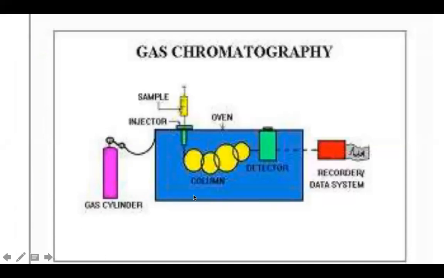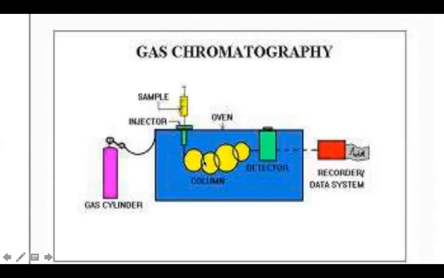Here you can see how gas liquid chromatography is done. Here gas is provided from a gas cylinder to the system. Here is the injector. So you inject the compound dissolved in a solvent through this, and then it moves through the stationary phase, and due to the high temperature in the oven, it becomes gaseous form, and through the gas provided, it moves.